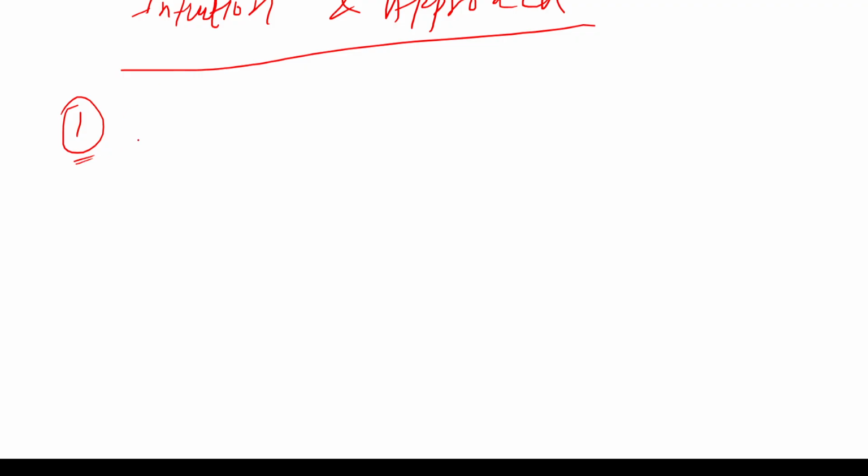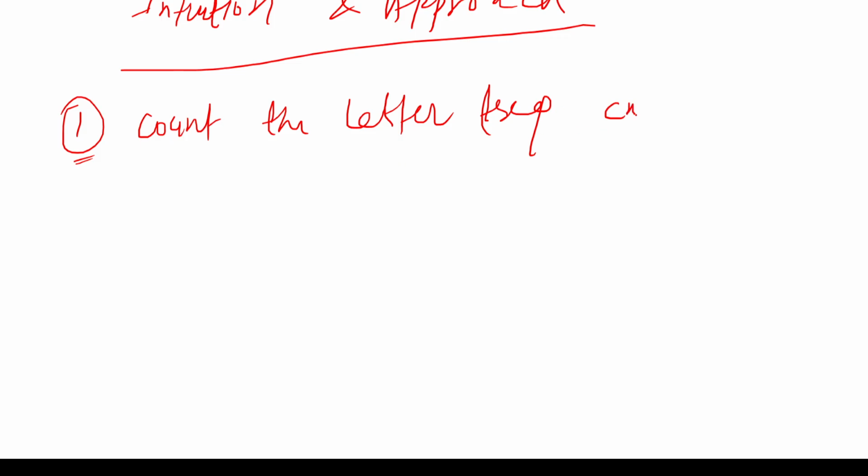So what I'm trying to say is, very first, we'll count the letters, or you can say the string characters. So we'll say letter frequency. Where can we get the letter frequency? Let's suppose we have a count table, and we know that the total character size is 26. So we take a count array that will count the letter frequency and store all the frequencies in this table.